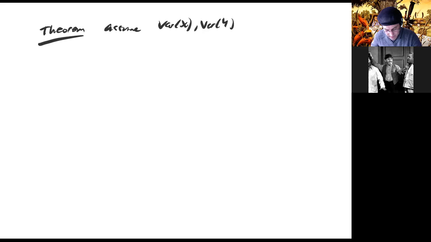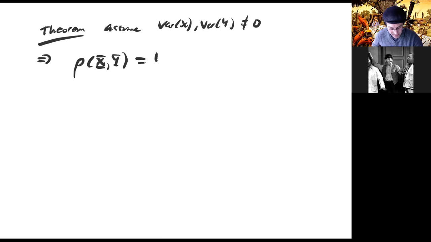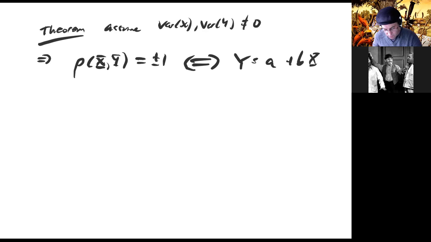Here's the theorem, which I'm not going to prove: assuming that the variance of X and the variance of Y are not zero, then rho of XY is plus or minus 1 if and only if there's a linear relationship, that is, if and only if Y is equal to a plus bX for some constants a and b. In other words, the correlation coefficient detects linear relationships between the variables.